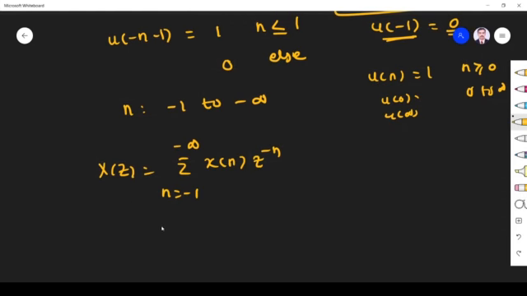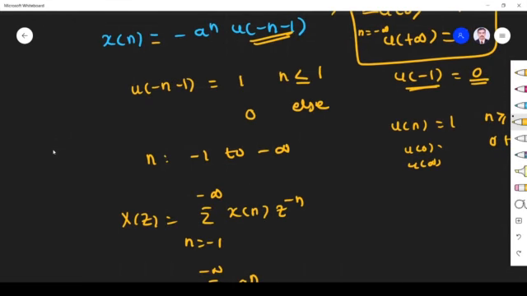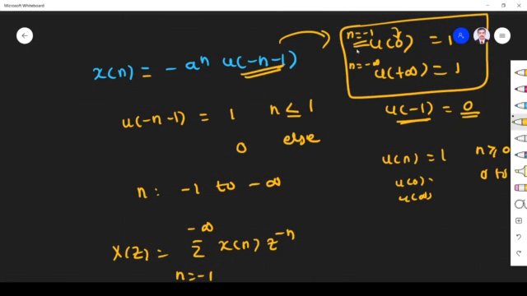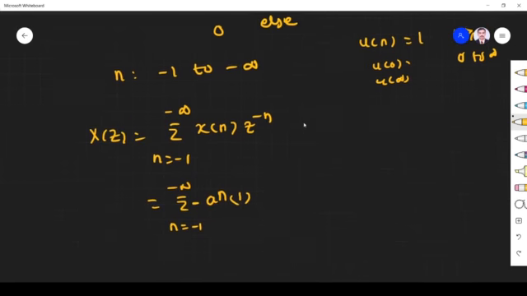For n from −1 to −infinity, x(n) is −aⁿ. u(−n − 1) is 1 only, that's what we have done. So it is 1 times z^(−n).